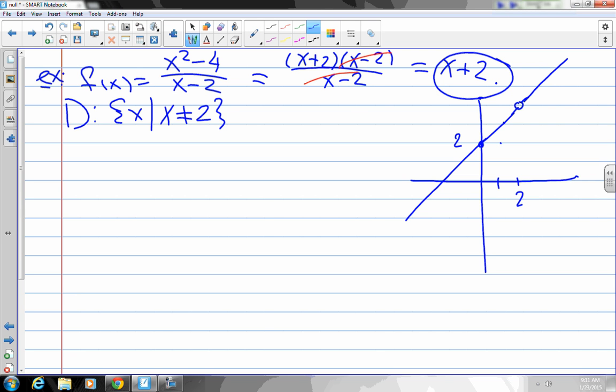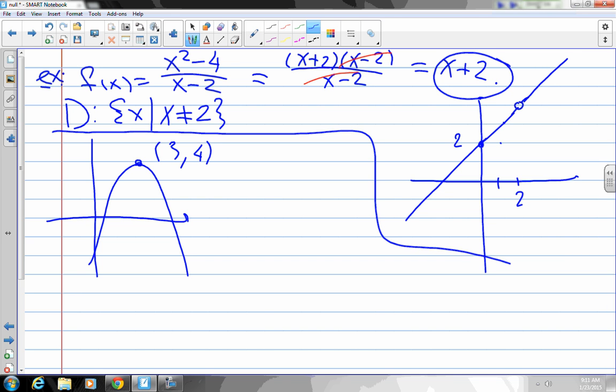Okay? So for example, if you have an upside down parabola, right? Let's say the vertex is 3, 4, right? Then we know, this is a new example, the function is x minus 3 squared plus 4, right?